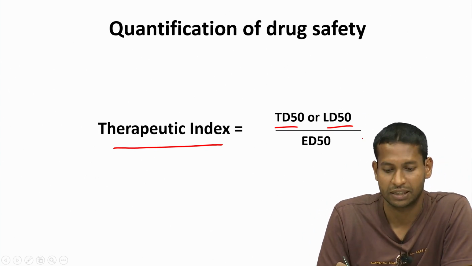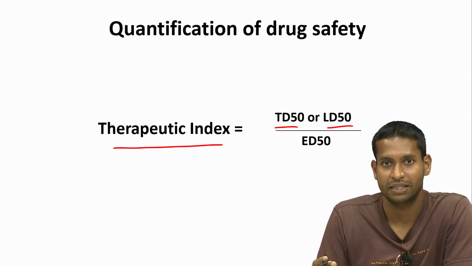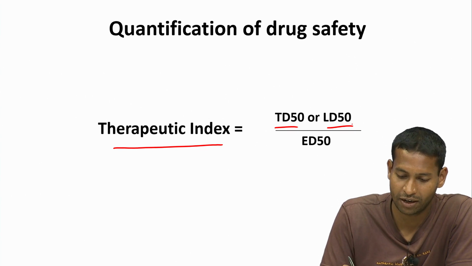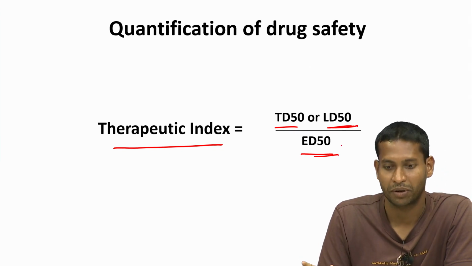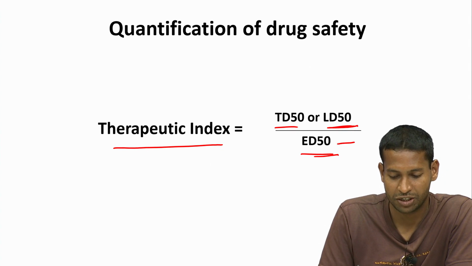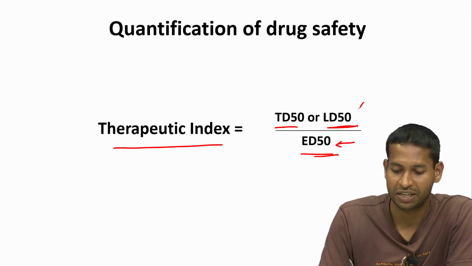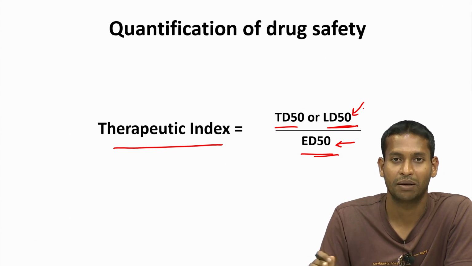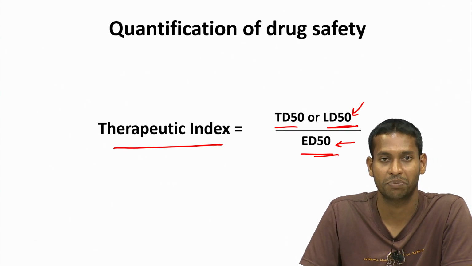So, if I say that the therapeutic index of the drug is high, that means it has a high value of LD50 and a low value of ED50. That means the drug is good, because at a very low concentration you are getting some therapeutic effect, but the LD50 is high. So, you can essentially work in the regime in between the two to prevent any toxicity to the patient.